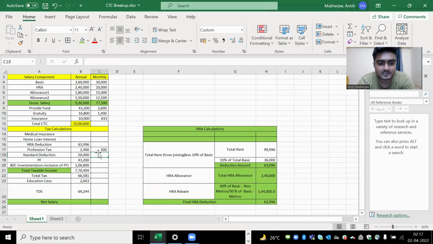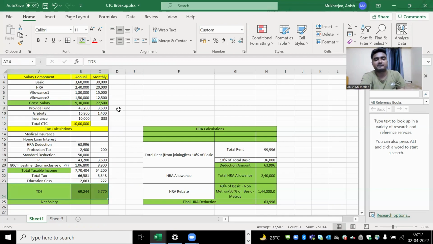You will calculate the PF as well on a monthly basis. CTC investment as well we will be doing. So if you see, this is what I should be concerned about: my TDS per month, what is it that is going to cost me on a yearly basis? It is going to cost me 69,244 rupees.